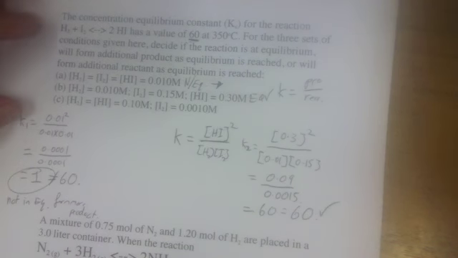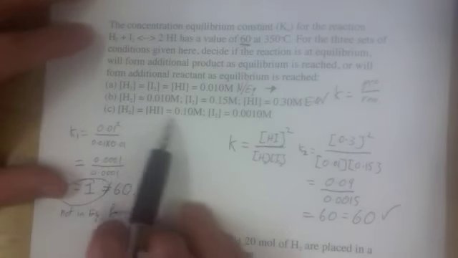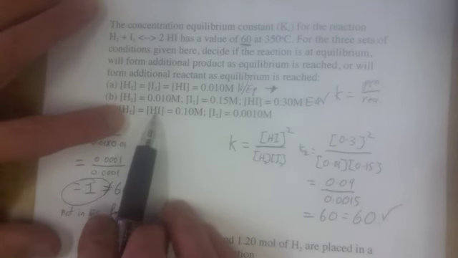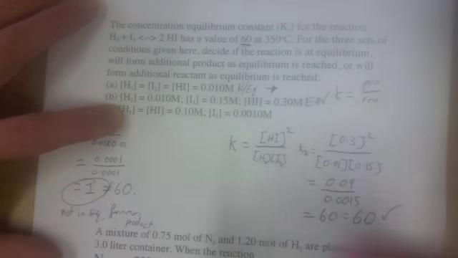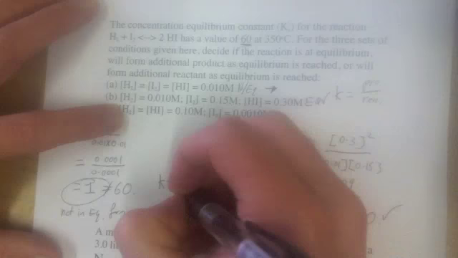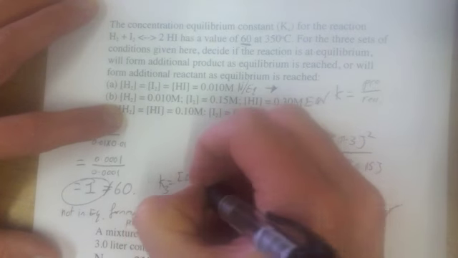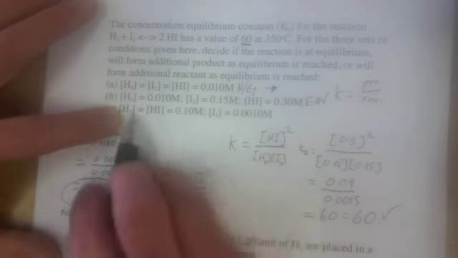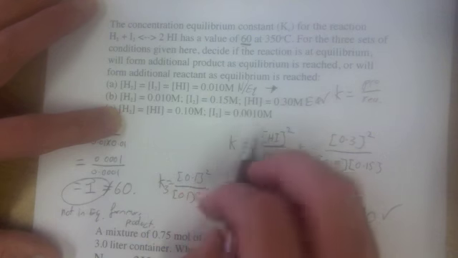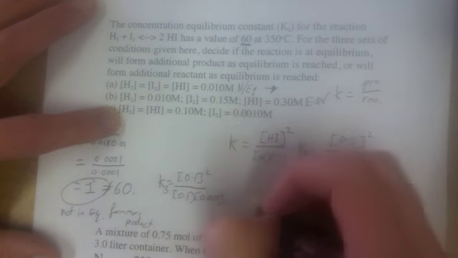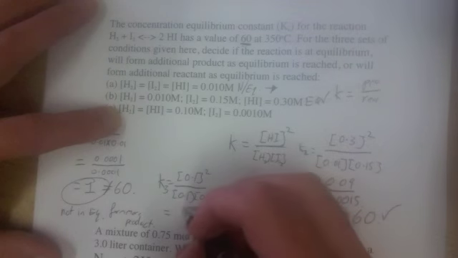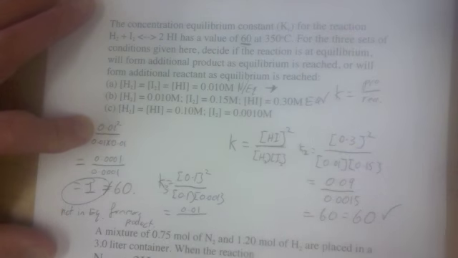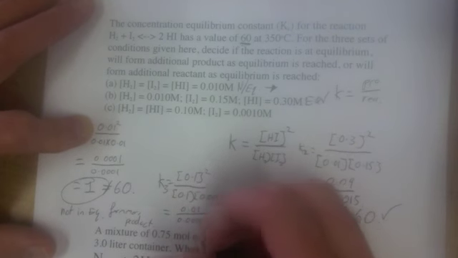Pretty simple like that. For our next scenario, the concentration of hydrogen and the concentration of hydrogen iodide are equal to each other, at 0.1. So K3 equals 0.1 squared divided by 0.1, which is our hydrogen, multiplied by 0.001, so that equals 0.01 divided by 0.001.